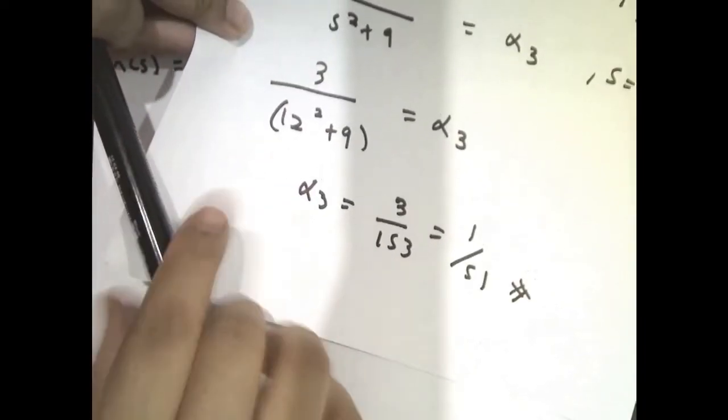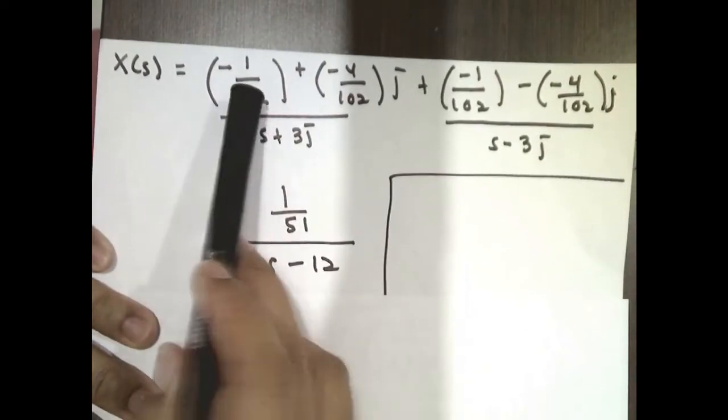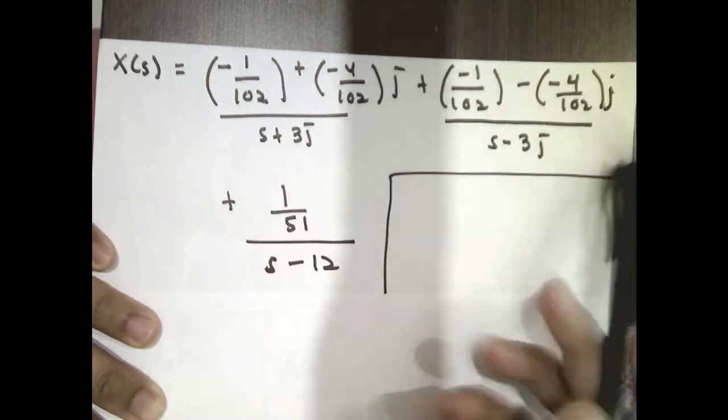So now we already have all the alphas and b1. We combine all together and we will get this. Just now for alpha 1 and b1, we already know.